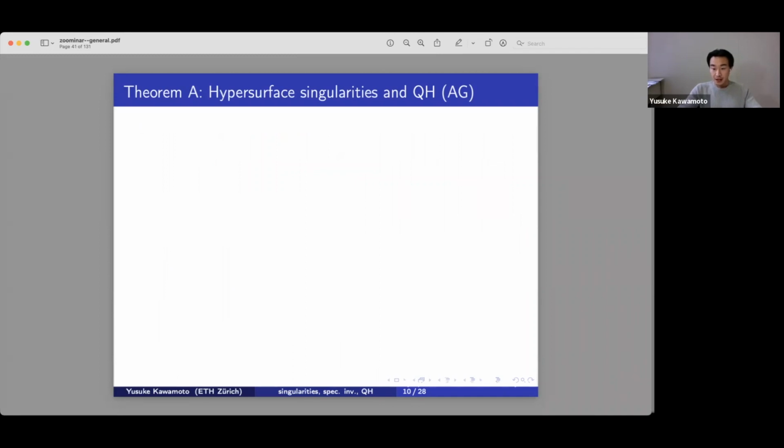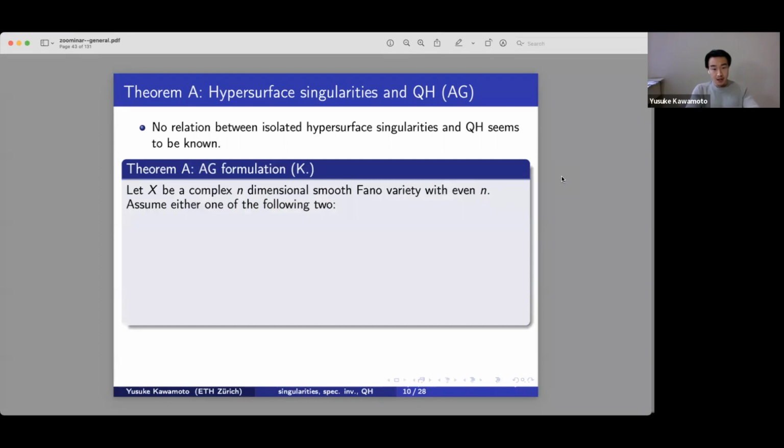Okay, so now I'd like to state my first main result. Even though isolated hypersurface singularities and quantum cohomology are notions that have been studied both in AG and SG, it seems there's no known relation between them. The first result says the following.